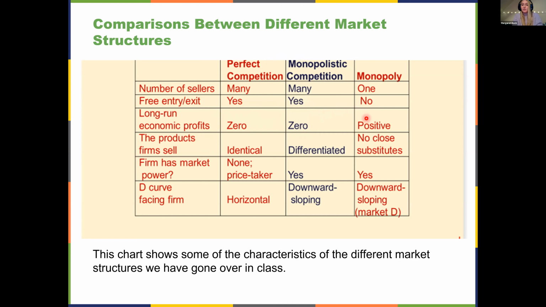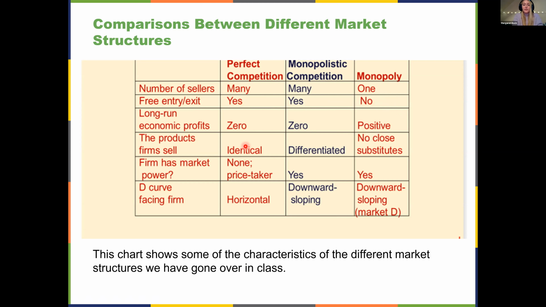Monopoly, again, seems like the weird one out, in that in the long run, monopoly is able to make positive long-run economic profits. And this is due to the fact that no other firms can really enter the market and compete with the one firm that is currently selling all of one type of good or service.